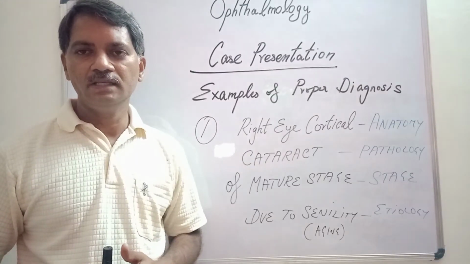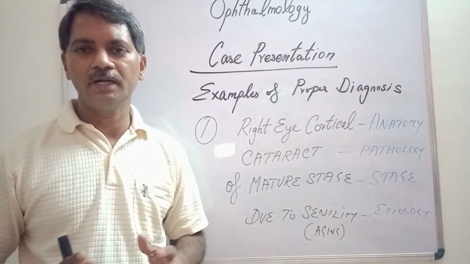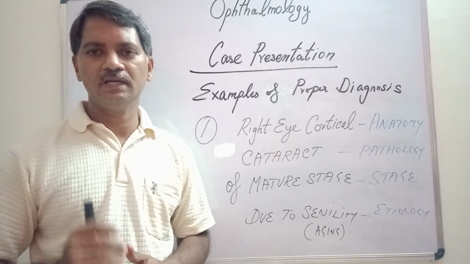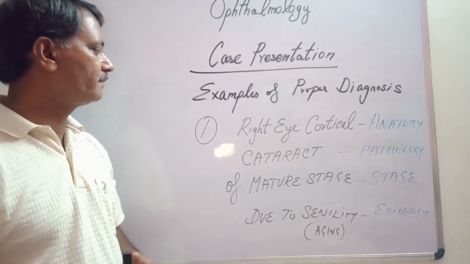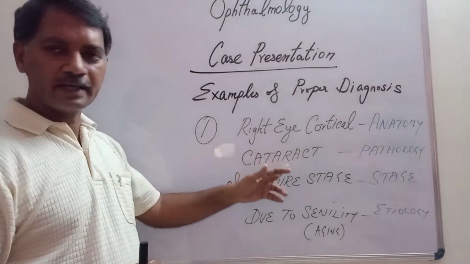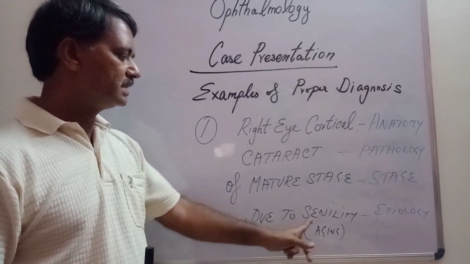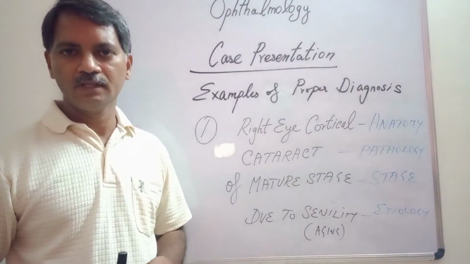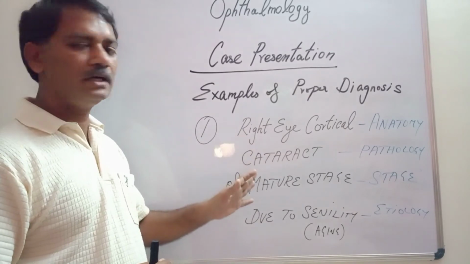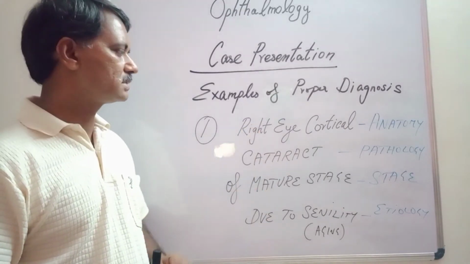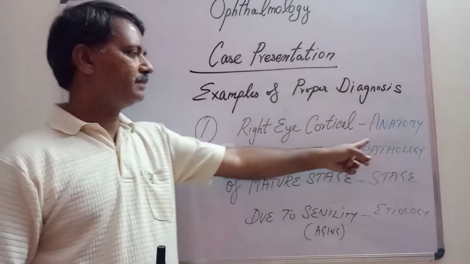Now, let us see some examples of a proper diagnosis. The first diagnosis I have written here is a right eye cortical cataract of mature stage due to senility or aging. Here I have included all the 4 components. The first is the anatomical component.